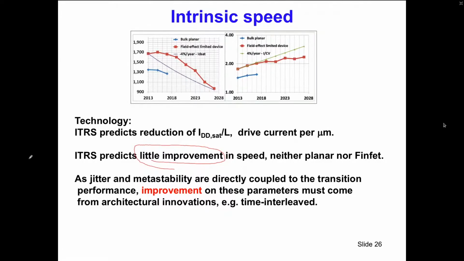So today we have FinFET in production. We have the sheet FET as most likely successor, but we need something much faster than all of that. So basically, any improvement that we have to look into for A to Ds must come from architectural innovations like the previously mentioned time interleaving.